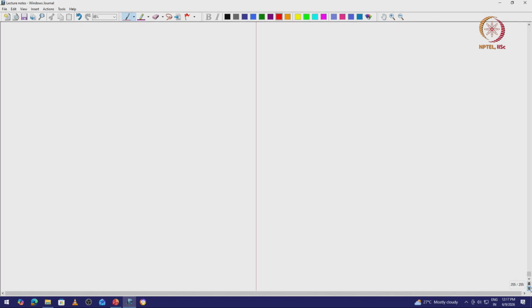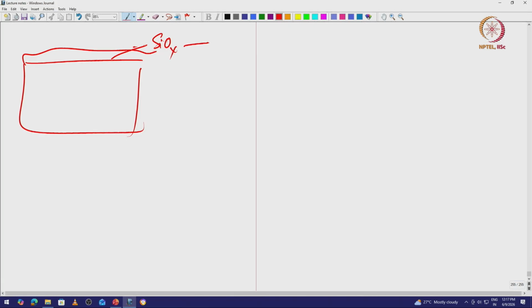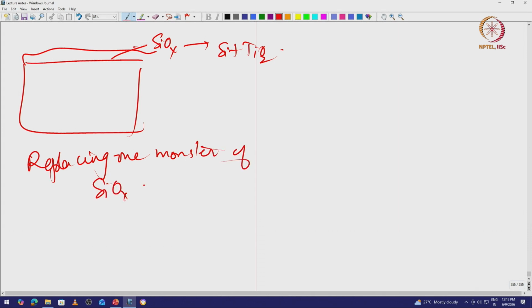Okay, so then the question is, all right, so let us say this works. Instead of silicon oxide, I am reducing it to silicon, but then I am forming titanium oxide. How does this work? Now, I am replacing one monster of silicon oxide with another monster, I will put monster in brackets, which is titanium oxide.